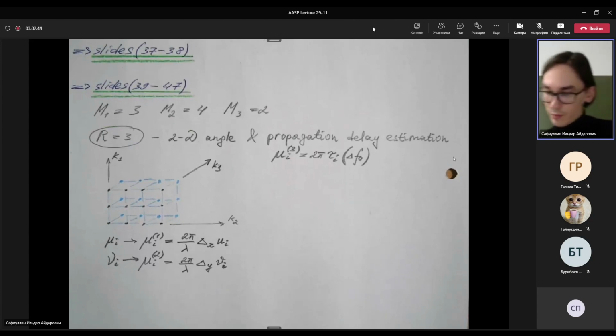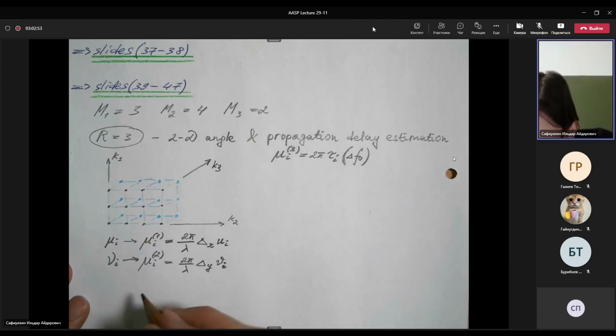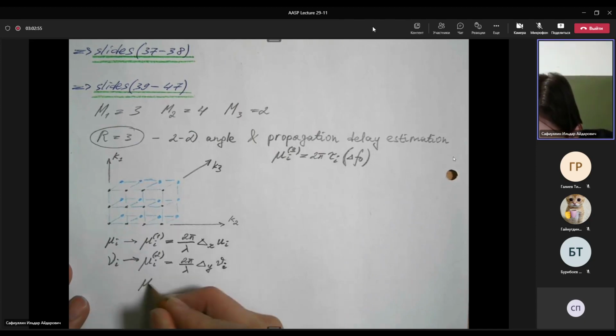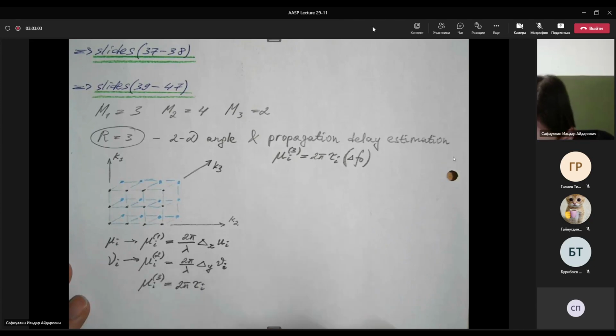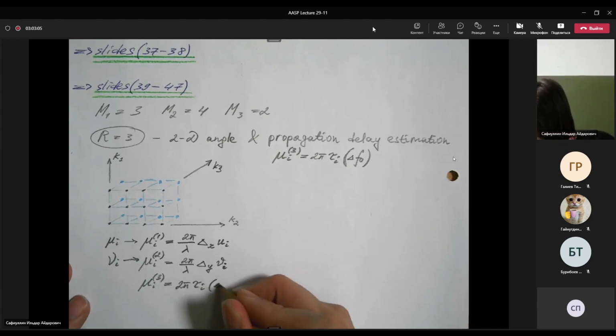And maybe let's rewrite this propagation delay, to keep all these equations together.